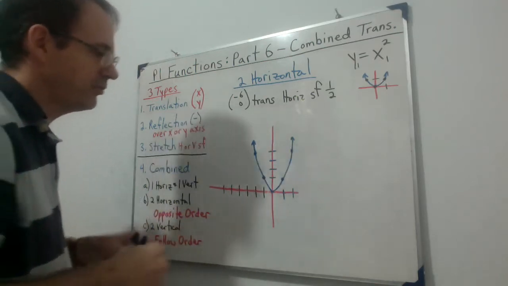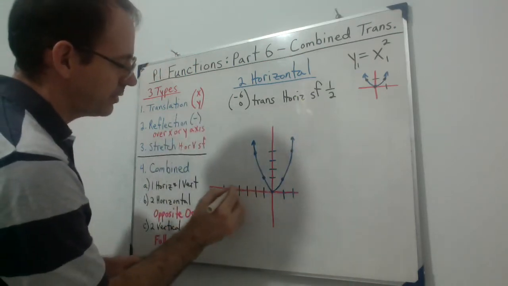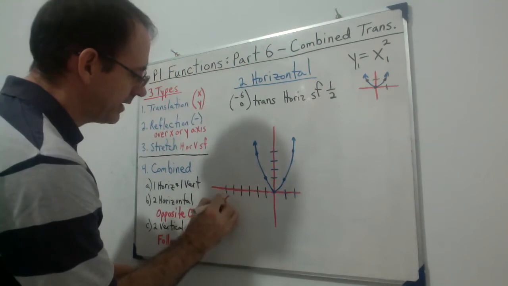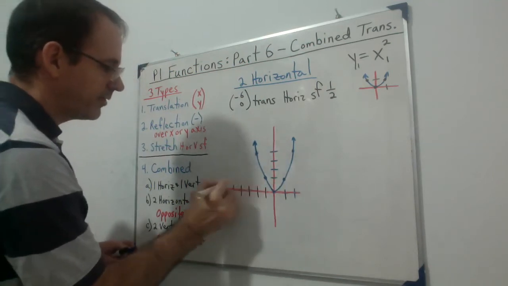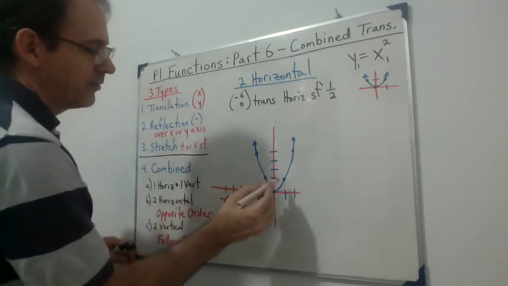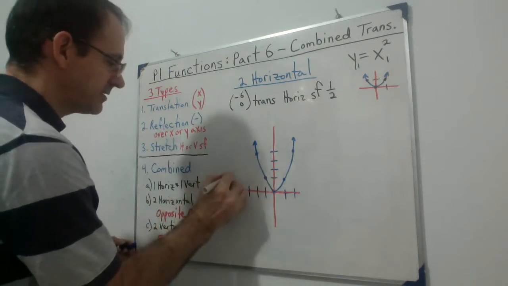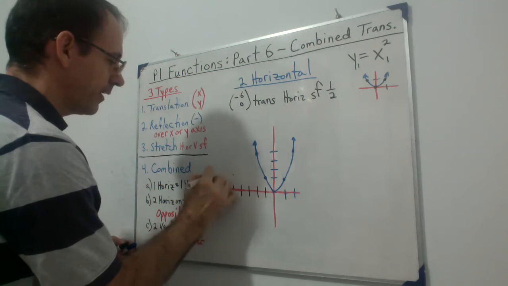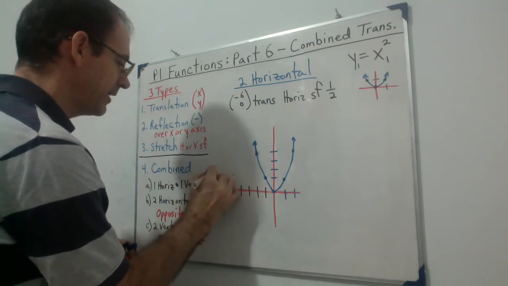So if we do that, 1, 2, 3, 4, 5, 6, here we are at -6, and our vertex would be right here. Just going to put a dot. So if this one moves over 6, we have a dot here, and we also have one here at -7.